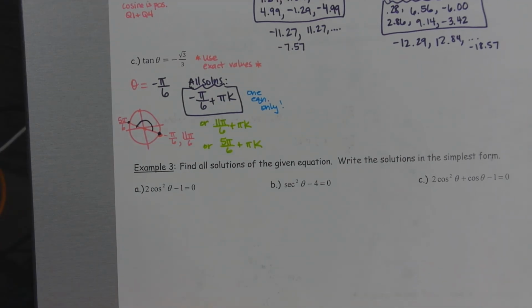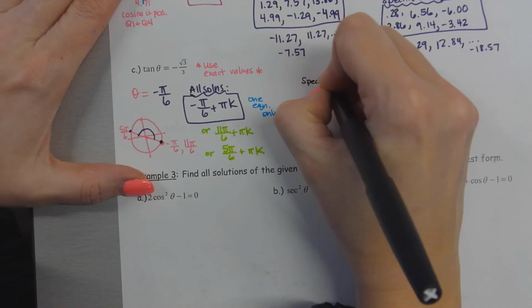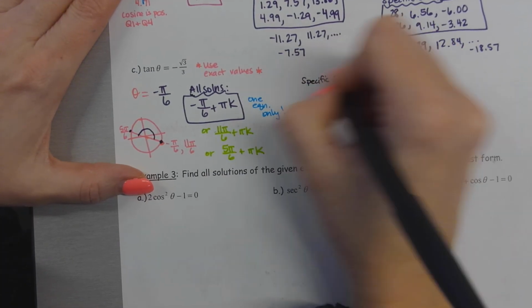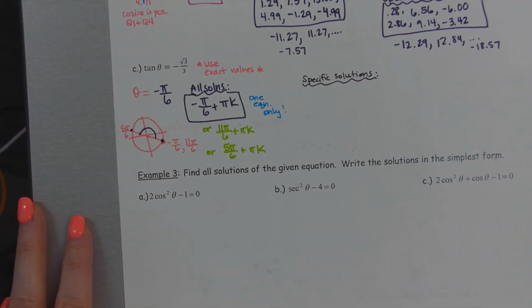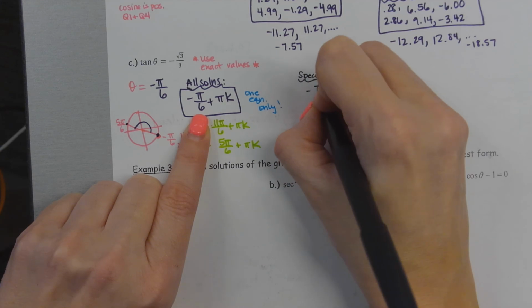Now when we find the specific solutions, we're going to have to use the exact values, and your exact values here can be found by adding pi. Okay, so again, I would just start with what you're given.